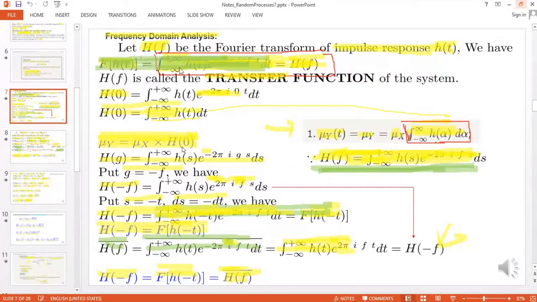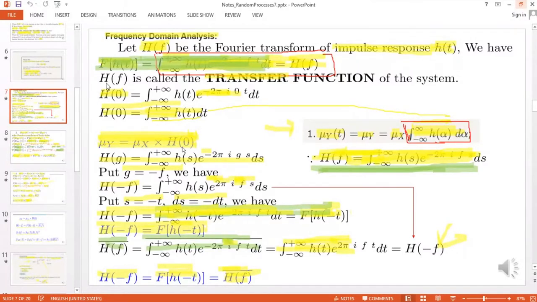Here it is actually h(t) e raised to power minus the Fourier transform kernel dt. So we can find this H(f). H(f) is actually the Fourier transform of h(t). h(t) is the impulse response of the linear time invariant (LTI) system. And if you take the Fourier transform of the impulse response h(t), you will get the transfer function.